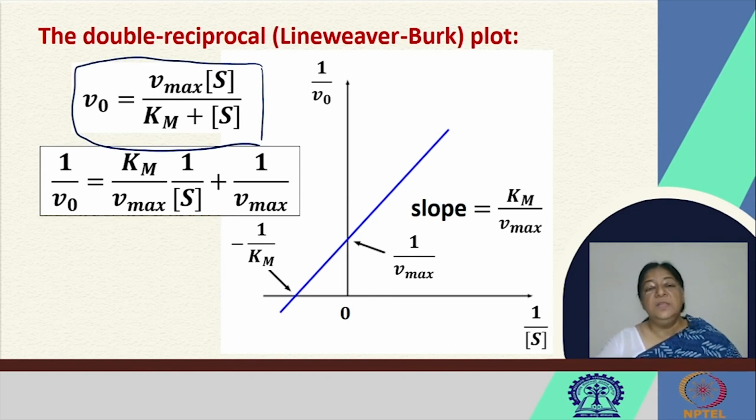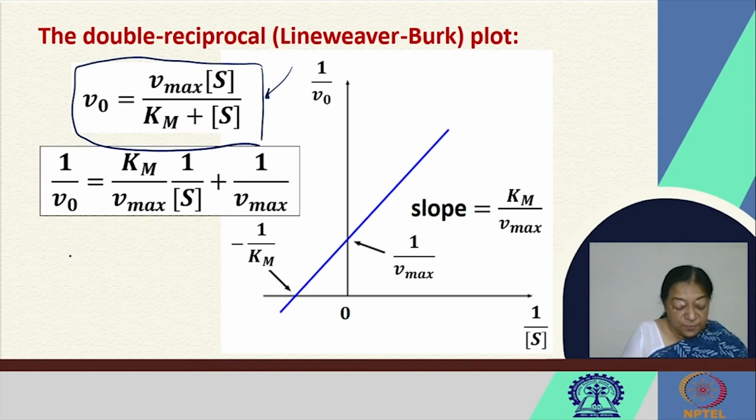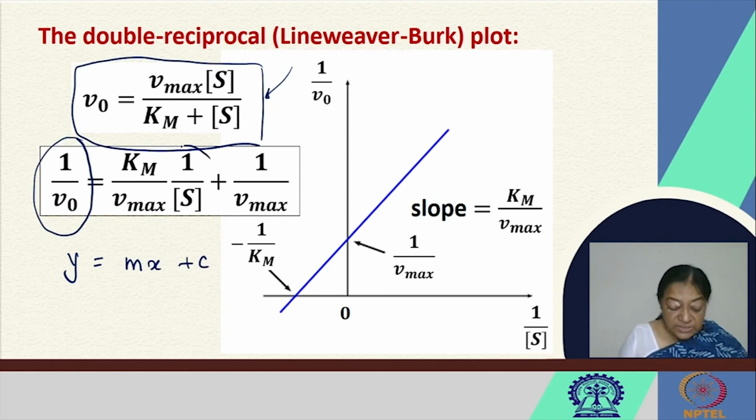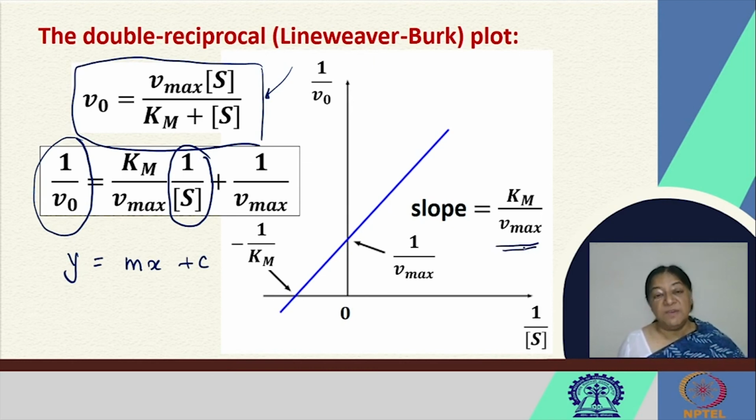This is by far the most useful plot in enzyme kinetics, where we can actually determine the value of Vmax and Km from a reciprocal, a double reciprocal plot as it is called, where we get the form of y is equal to mx plus c, where we realize that if we plot 1 by V0 versus 1 by substrate concentration, our slope is going to correspond to Km by Vmax.